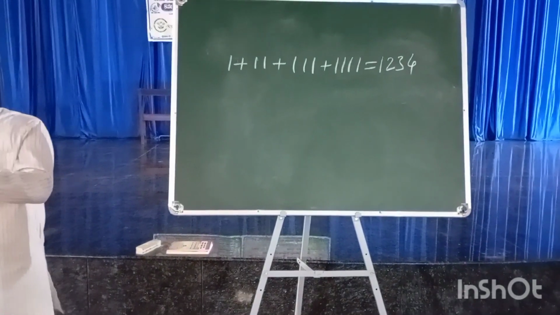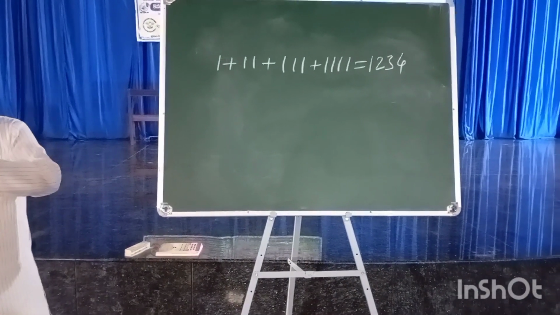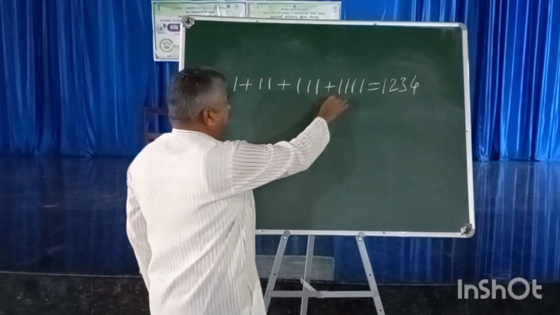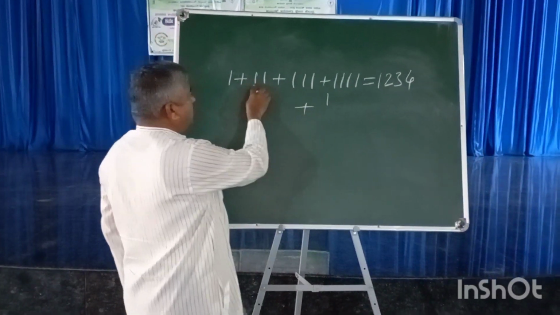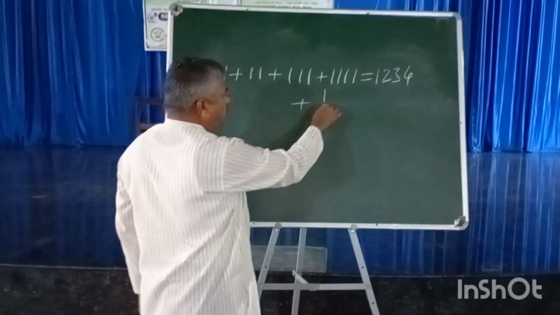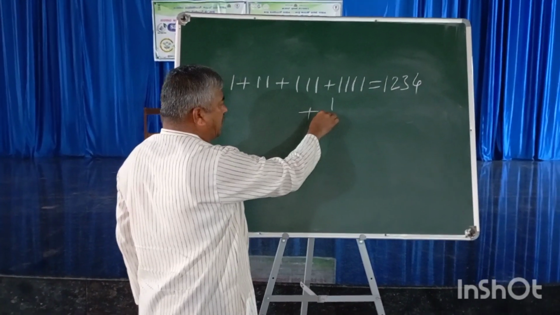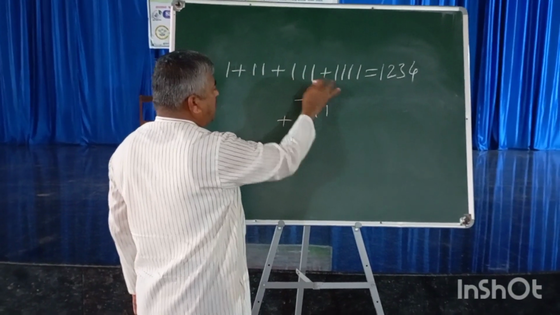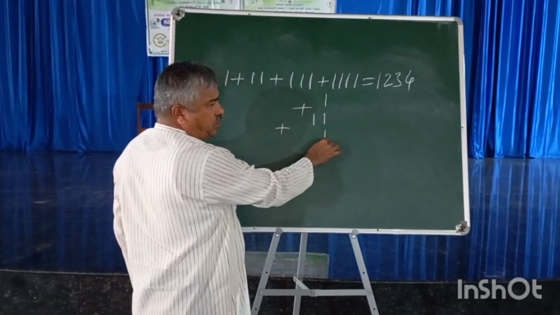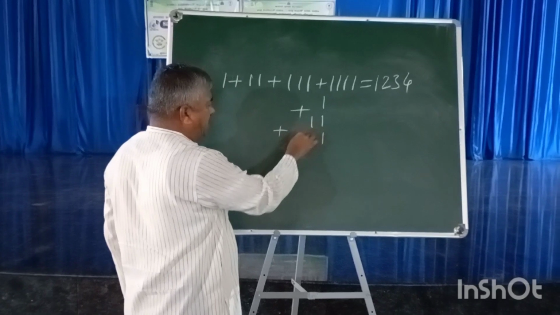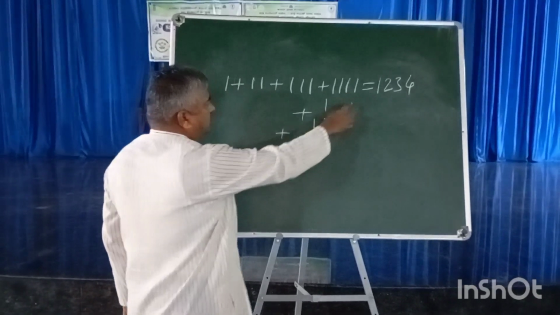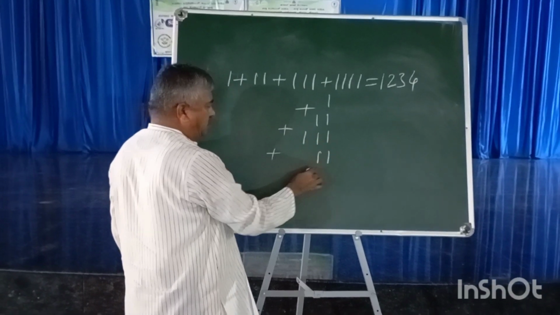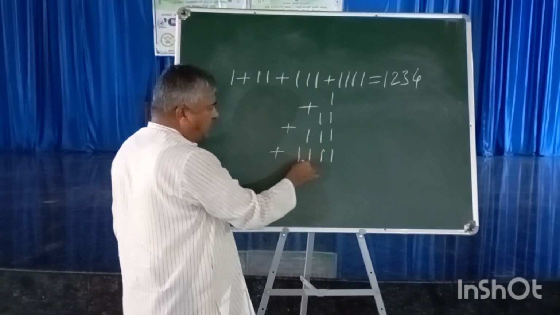Let us see how this can be written in a different form. Come on. Say, this is 1 plus 11. That is 1 in ones, another in tens. Next, 111: 1 in ones, tens and hundreds. Next, 4 ones means in it ones, tens, hundreds and 1000.